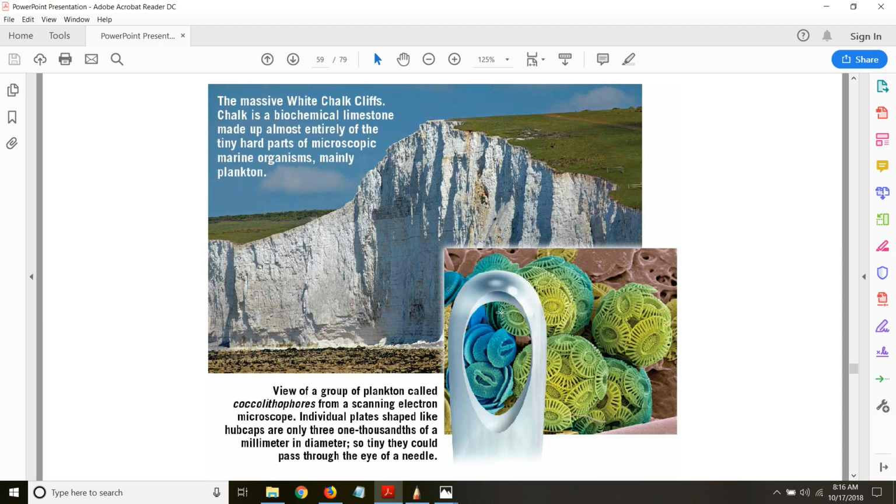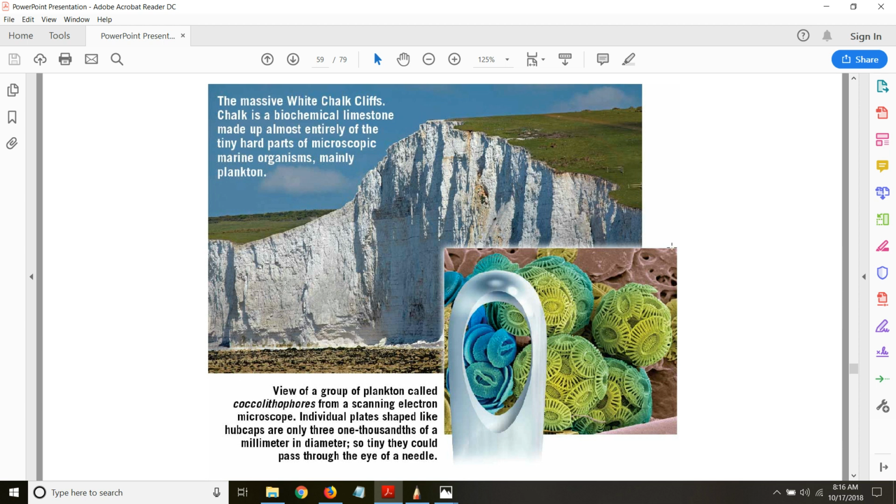You can see these microorganisms, plankton called coccolithophores, and these are smaller than the size of the eye of a needle. That can give you an idea about the scale, how the shells from these microorganisms end up making this giant landscape called a chalk cliff.